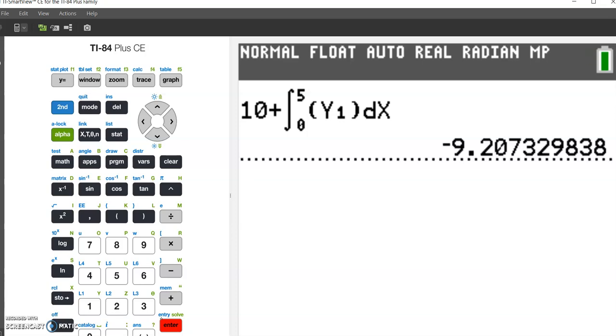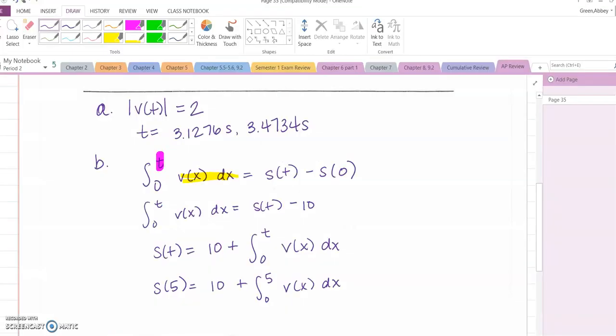That gives negative 9.2073. But remember that the question asked us for two things. It said write an expression involving an integral that gives the position s of t, and then use that expression to find the position at time t equals 5. So we had to do this part, and we had to do this part to get full credit on that question.